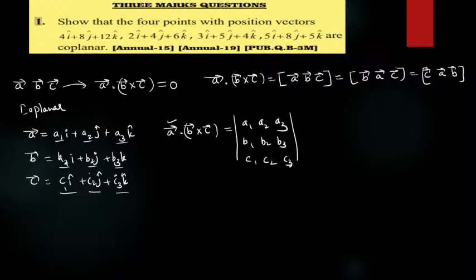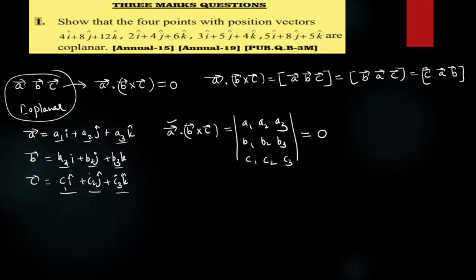So the scalar triple product can be written like this. If this determinant value is 0, then definitely the given 3 vectors a, b, c are coplanar. So this is the basic concept we have.